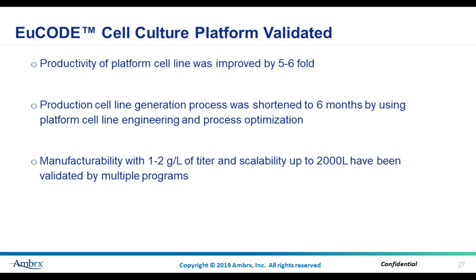The production cell line generation process was shortened to 6 months by using platform cell line engineering and process optimization. And multiple programs have demonstrated titer of 1 to 2 grams per liter of manufacturing ability and up to 2,000 liter of scalability.